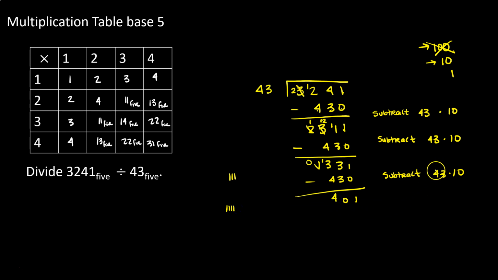Now we've subtracted off enough of the number 43 that we've knocked it down to a 3-digit number instead of a 4-digit number. So we can keep track of how many times we subtracted the number 43 in base 5 by looking at how many groups of 5 we subtracted. We have subtracted 3 of the groups of 5.